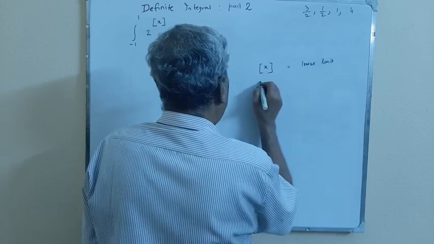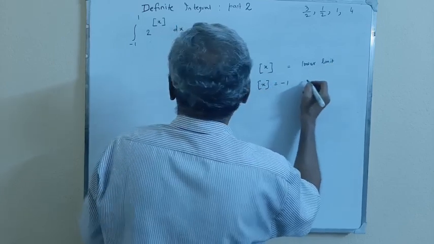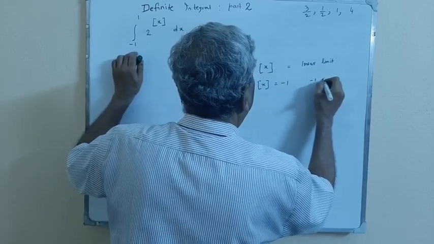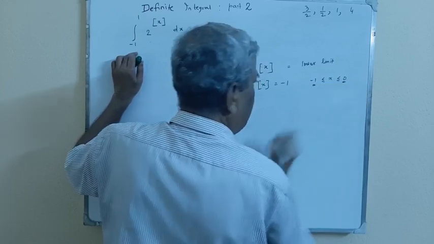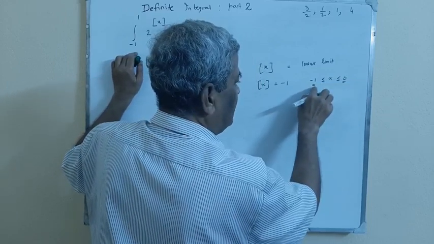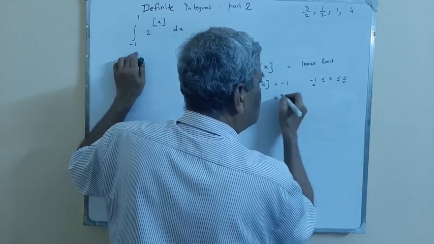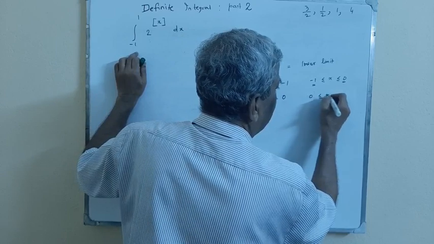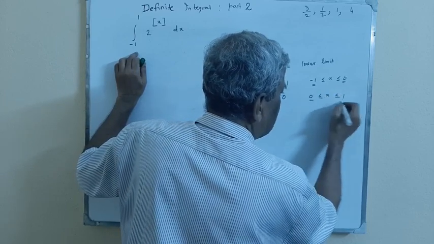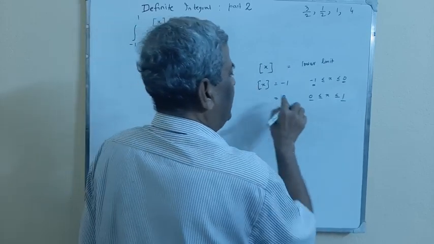That is, [x] is equal to minus 1 when the limit is from minus 1 to 0, and it is equal to 0 when the limit is from 0 to 1. Once again, these are 2 consecutive integers, so this will be the lower limit.